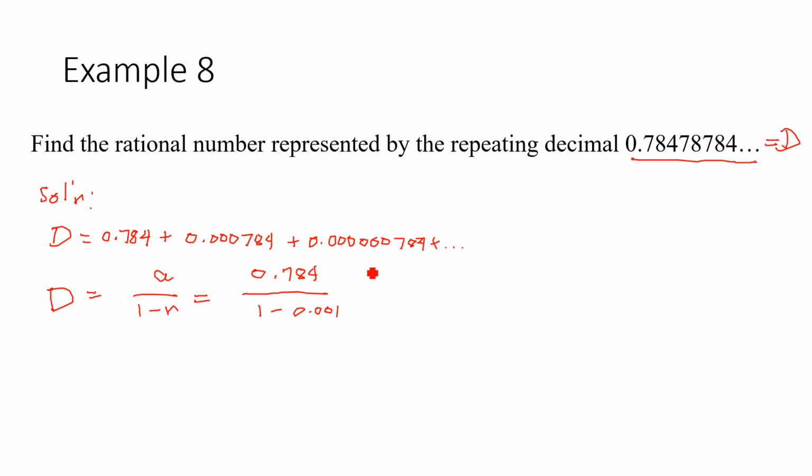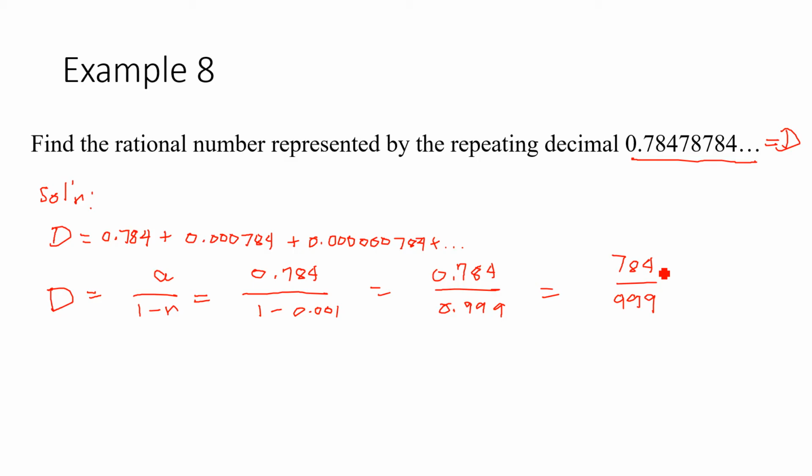So in this case, that would be equal to 0.784 over 0.999, which is equal to 784 over 999.